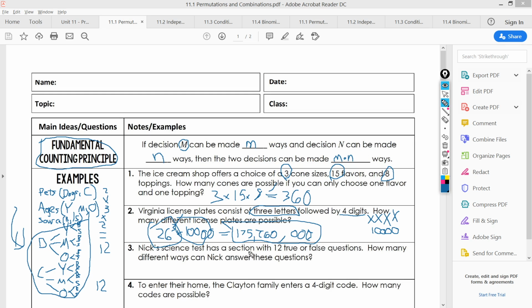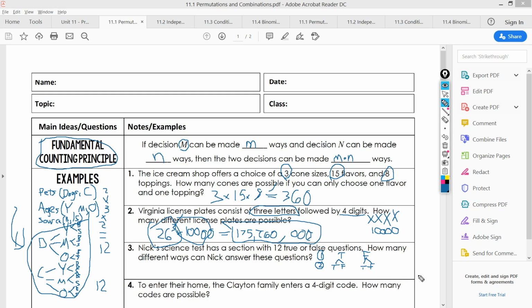Nick Scientist has a section with 12 true or false questions. How many different ways can Nick answer these questions? Well, how many ways can you answer a question? 2, right? It can be true or false. Let's say this is question 1. Well, question 2 can be true or false.